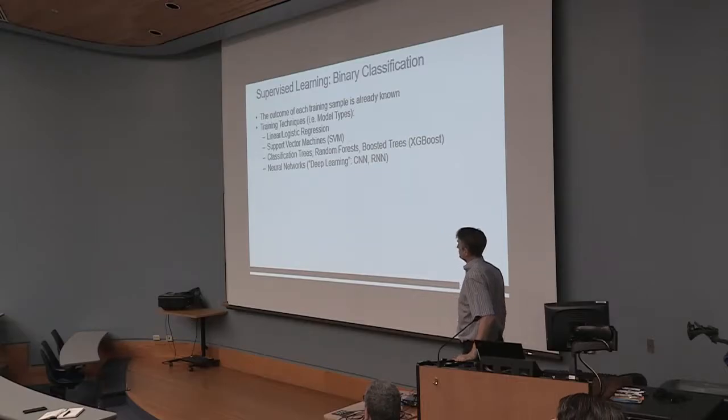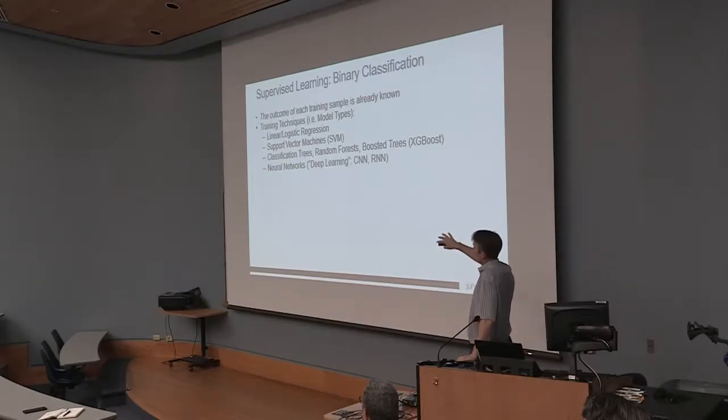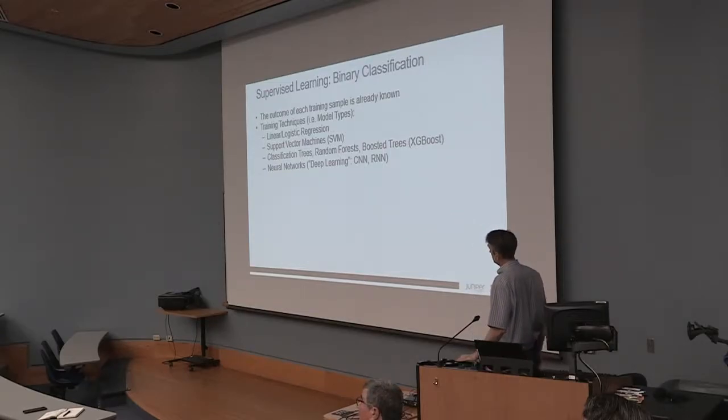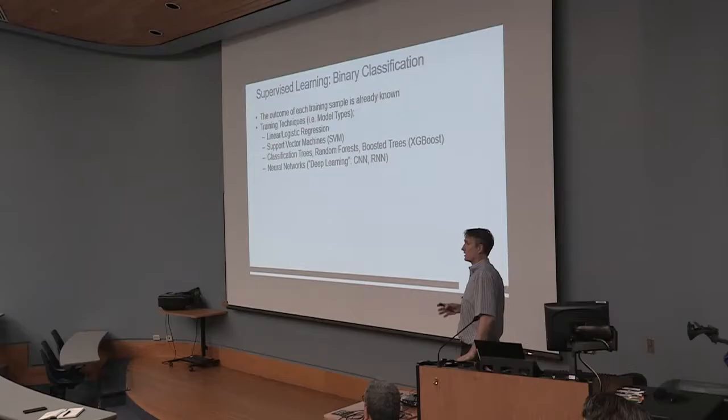And the training techniques, there's a lot of them. I've listed a few that I'm familiar with: logistic regression, support vector machines, classification trees, random forests, that's all an example of classification trees, and neural networks is another example of training techniques used for supervised learning.